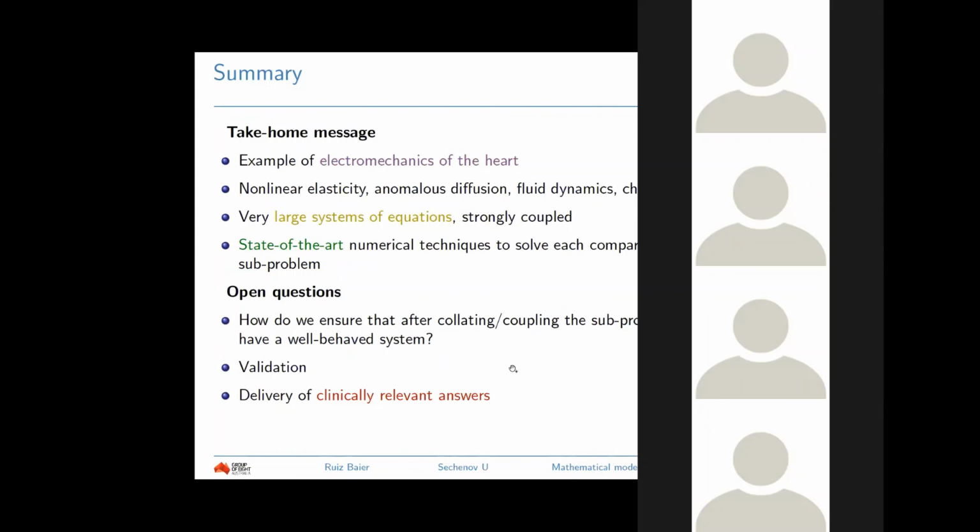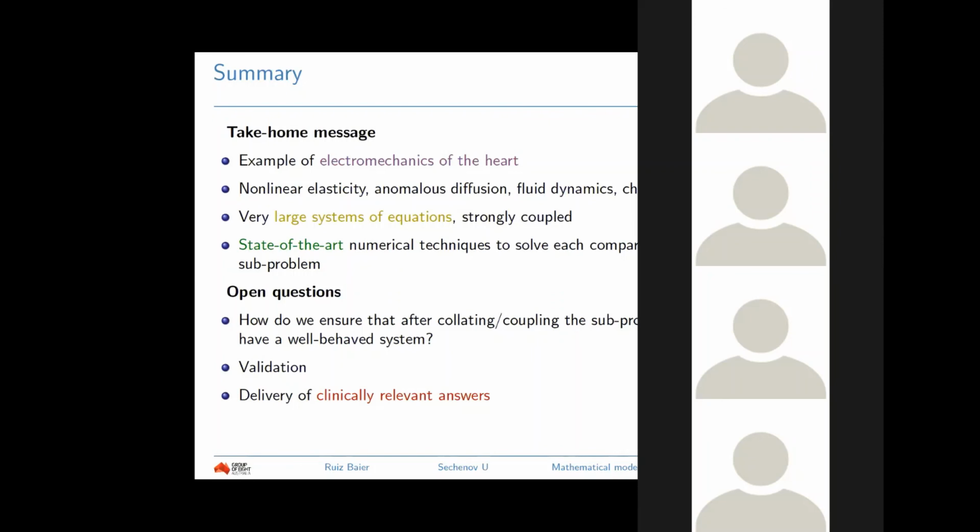We're still far from validating a full model for the heart, but there are advancements in many subsystems, and nowadays you can find very sophisticated methods that are validated, at least for some pathological cases. And eventually, what we would like is to deliver answers that are clinically relevant.